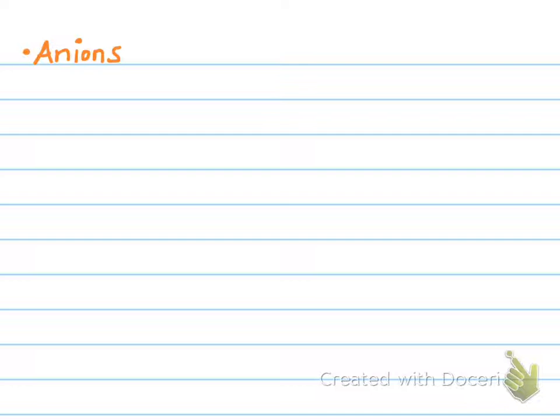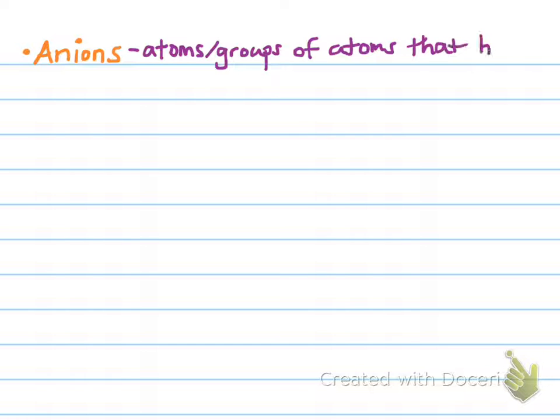So pretty much we want to do the same thing that we just did for cations for anions. So anions are atoms or groups of atoms that have a negative charge.